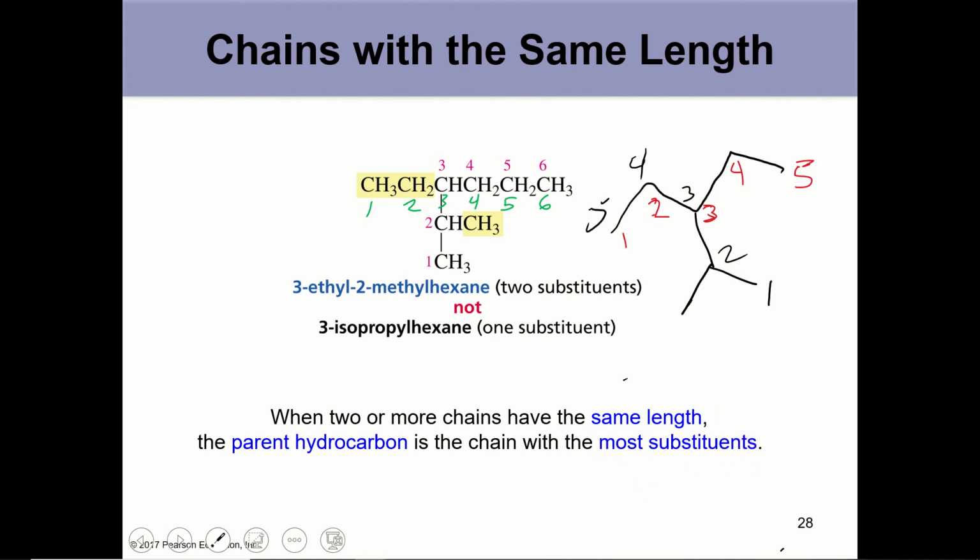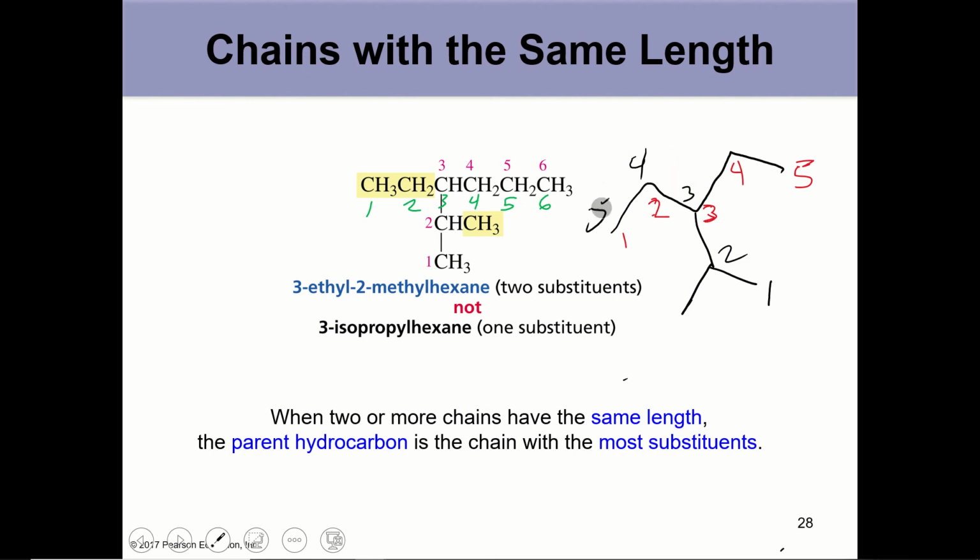So I have a second example, and I have numbered this example in red and in black. Now, if we go with the red numbers, then we have this Y branch. So it's the type of branch that has to be put into parentheses. If we pick the black numbers, then that gives us, instead of 1 complicated substituent, 2 simple substituents with no additional branching on either of those 2 substituents.